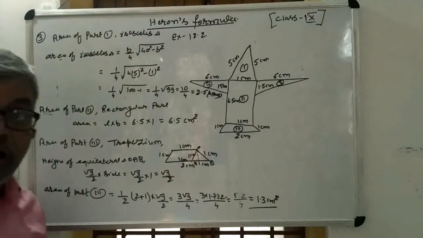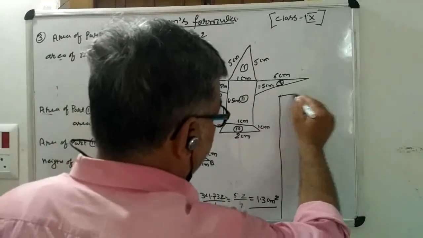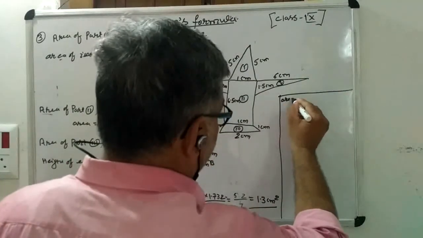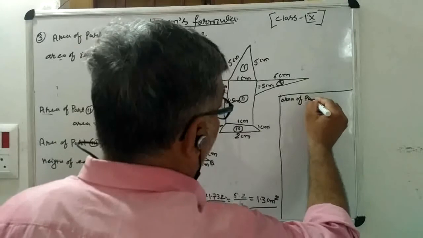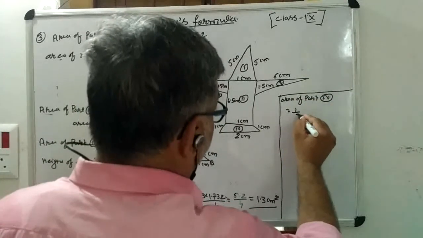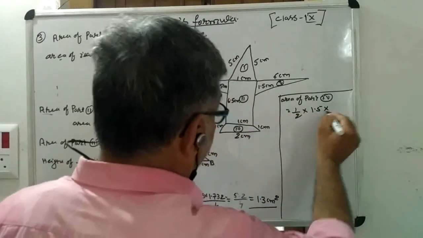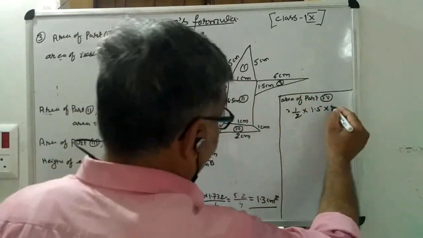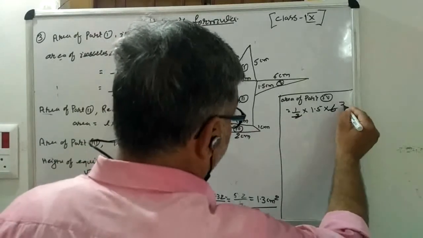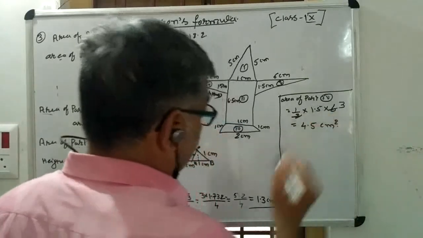Since part 4 is a right triangle, see here, area of part 4 equals half into base into height. That is half into 1.5 into 6, so it will be 4.5 centimeter square.